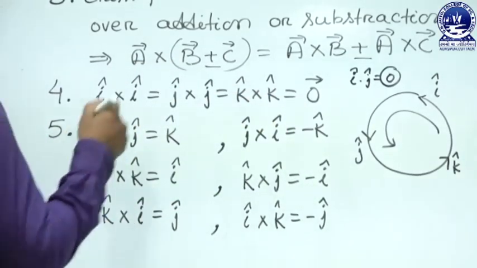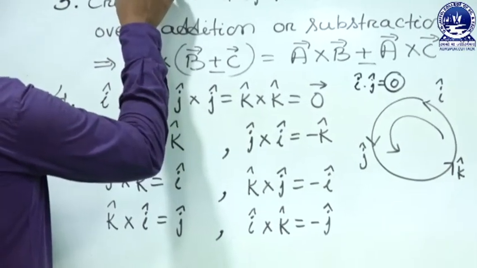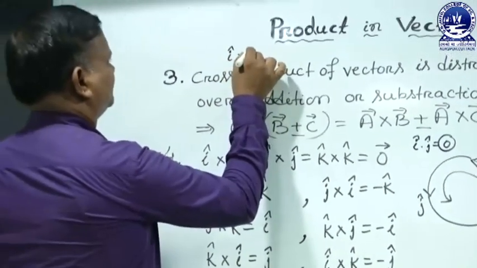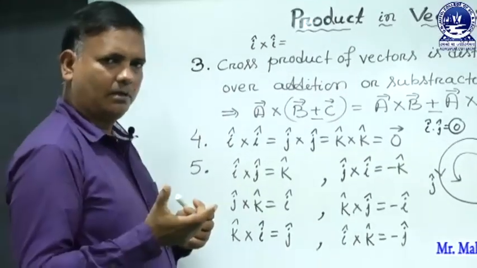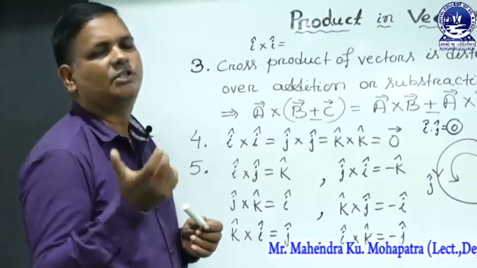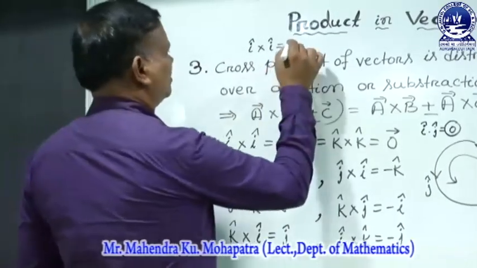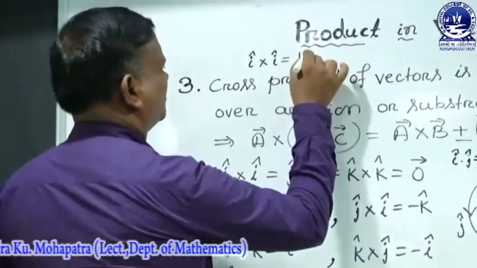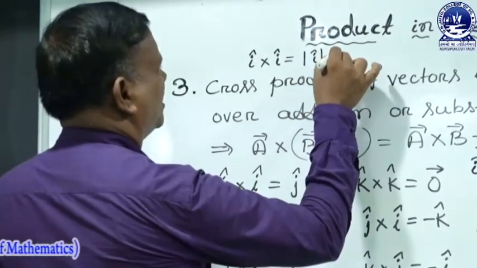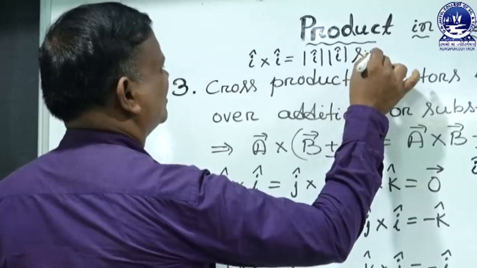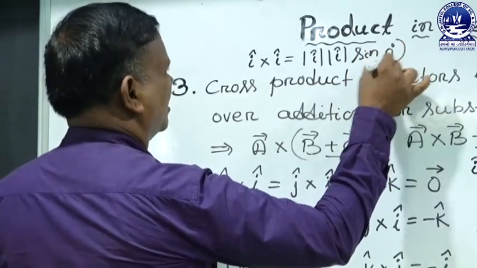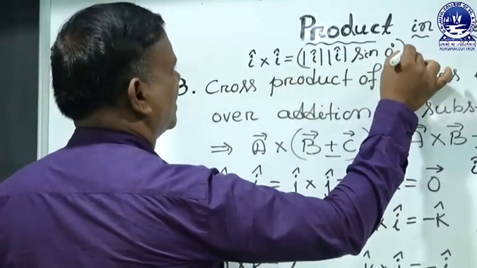How is it possible? Take i cap cross i cap, equal vectors. The angle between the vectors i and i is 0 degrees. So the formula is magnitude of i cap, magnitude of i cap, then sine 0 degree, and then n cap.